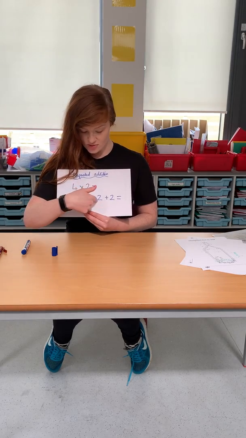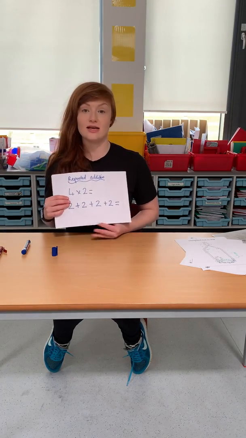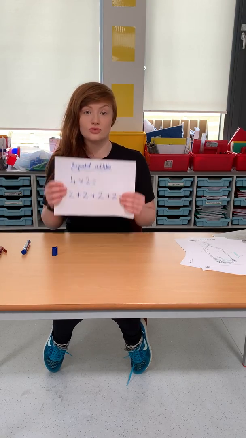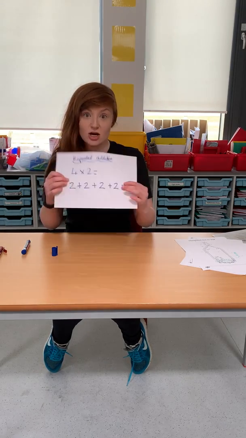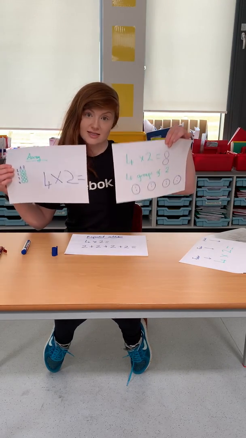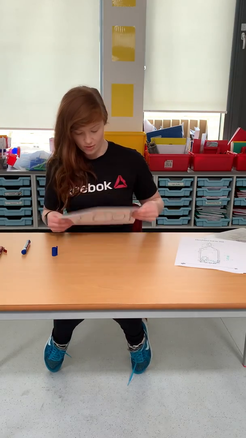So 2, add 2, add 2, add 2. And I know if I counted 2s, 2, 4, 6, I get the same number, 8. It's really important that children already know how to count in 2s for them to be able to do this. If they don't know how to, then the arrays and the groups and the dots are the best things for them to do, because then they can physically see those groups of 2 and can count them.